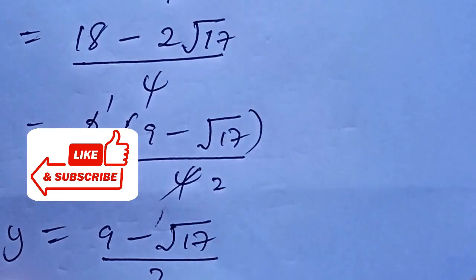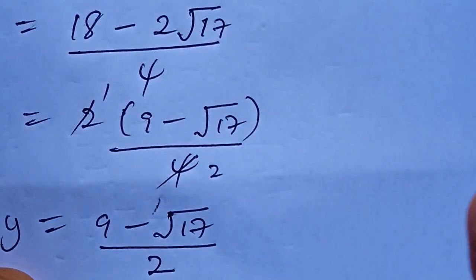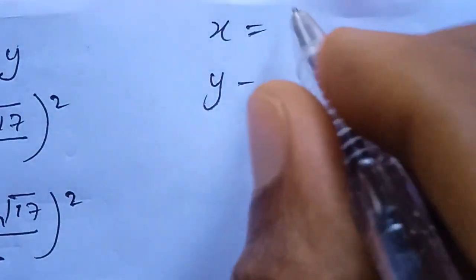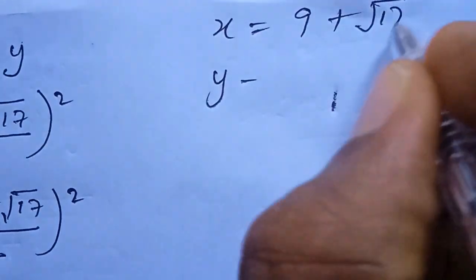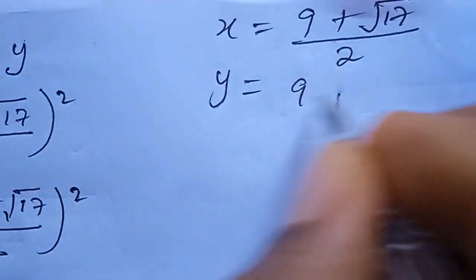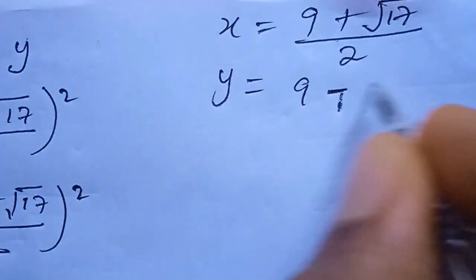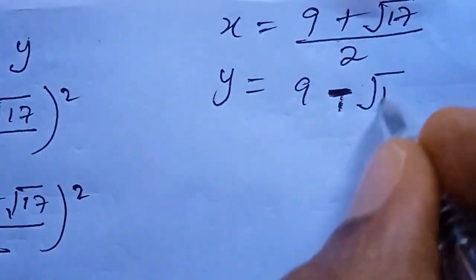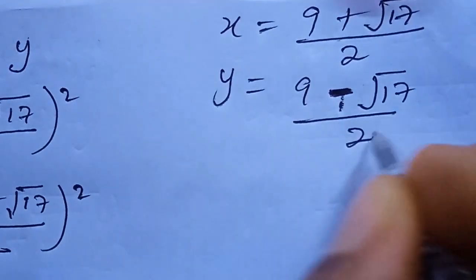So having gotten the value of y, we have x as (9 + √17)/2 and y as (9 - √17)/2.